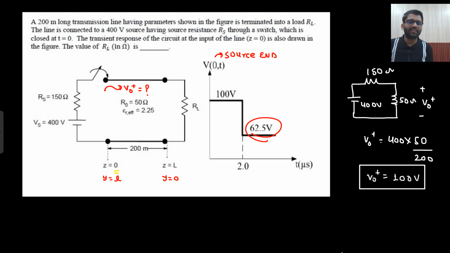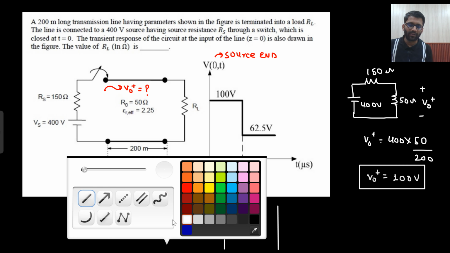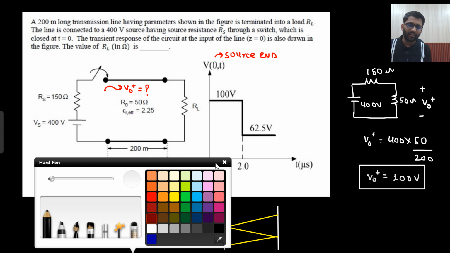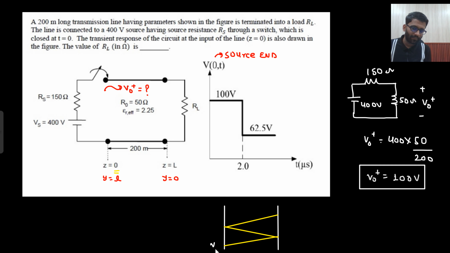Now what do you think? What is this 62.5 volt? If I make the bounce diagram, from there I can get to know what my 62.5 volt is. And bounce diagram I do not need to make again and again, only for one reflection and then another reflection. Initially I will be having V naught plus here. Then this V naught plus will travel and generate gamma L V naught plus, and then this will travel and generate gamma L gamma G V naught plus.